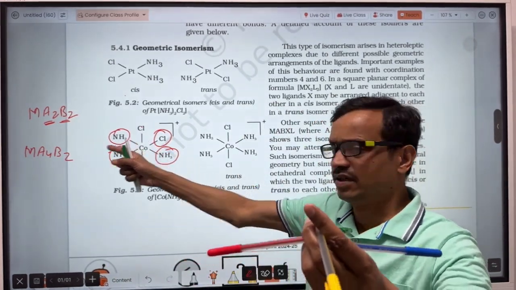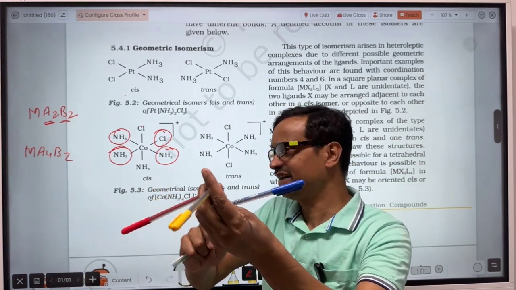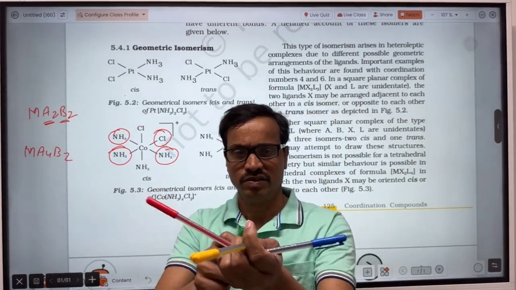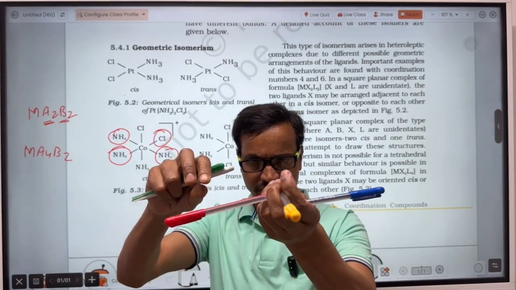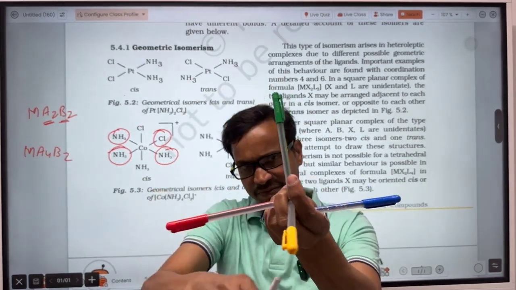Here is ammonia, chlorine and ammonia, and they are on the same plane. This is ammonia and the chlorine on the same plane, and one is above and one is below.